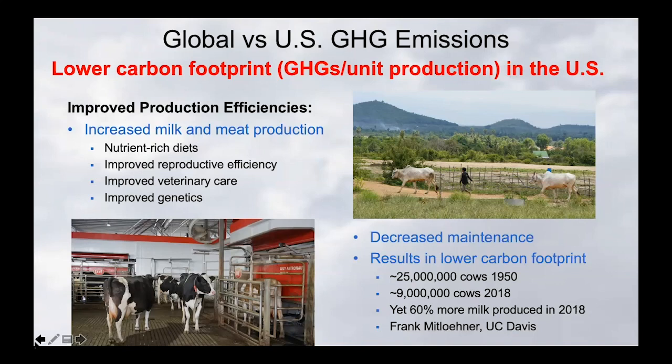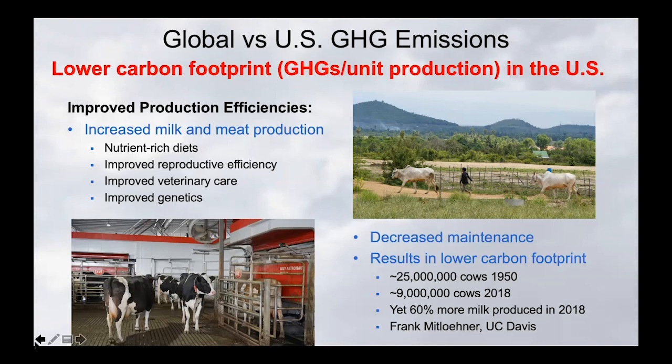And so as we increase the production of our meat and our milk, and we lose fewer animals to sickness and death, we decrease per unit of protein or glass of milk our maintenance costs, because there's just a cost to keep that animal alive. There's so much energy that has to go into keeping that animal physically breathing and staying alive. As we decrease that maintenance cost per unit of production, it helps lower global carbon footprint.